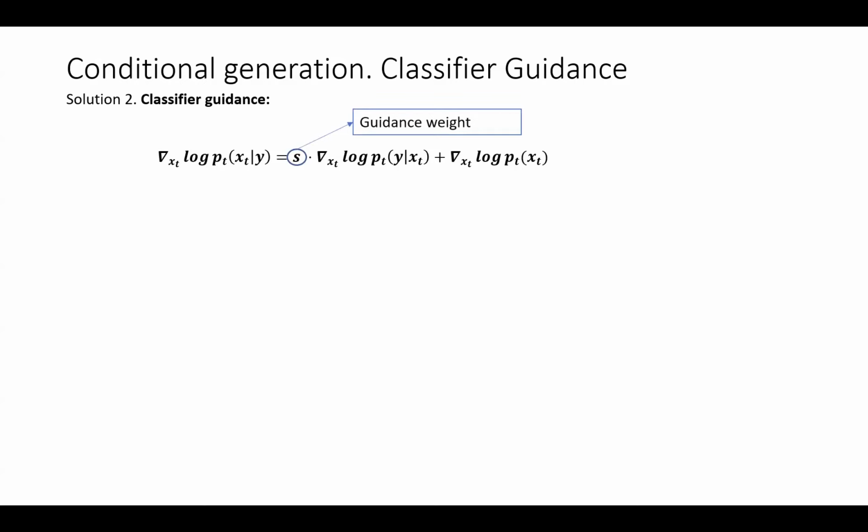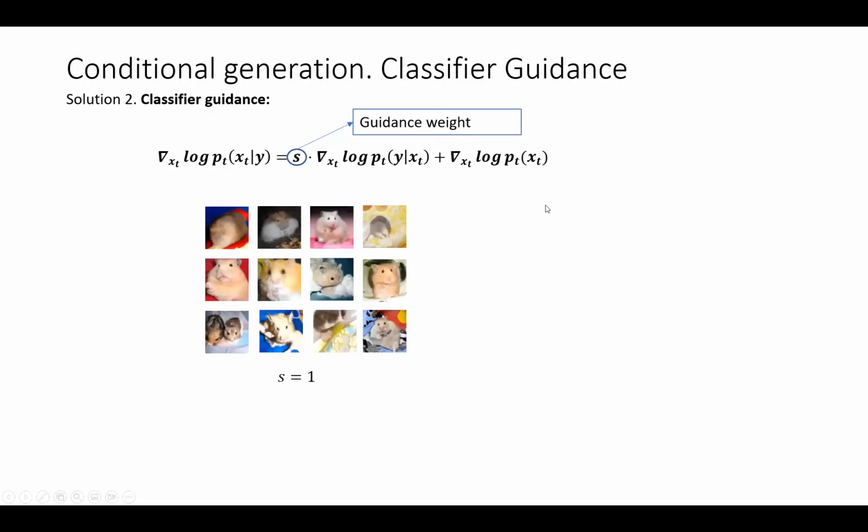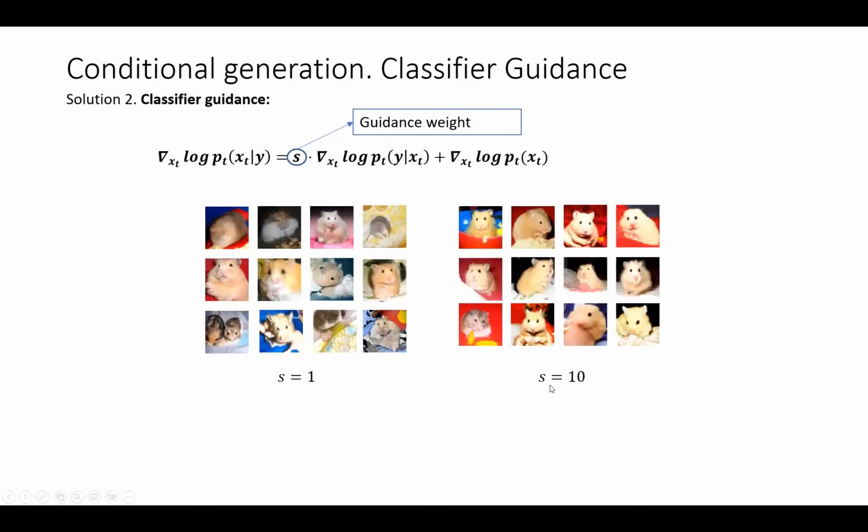That will be the guidance weight, how much weight we want to give to the condition, how much to the unconditioned. So when you use equal weights, you can generate these kinds of images, but when you give more importance to the condition, then you can generate better images of this particular class. Okay, so this y here is that class.